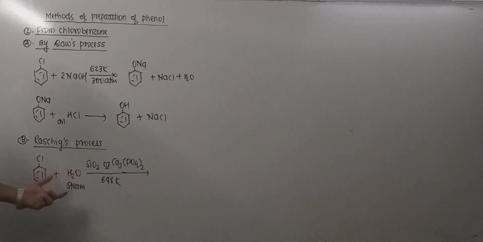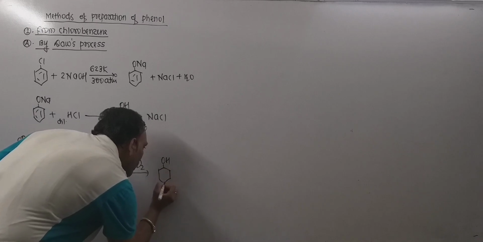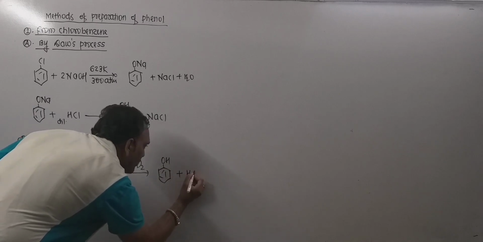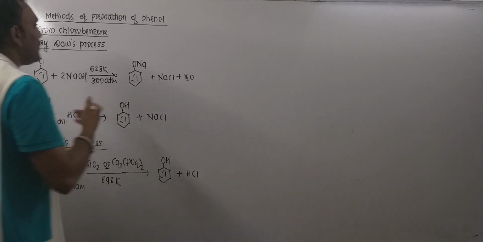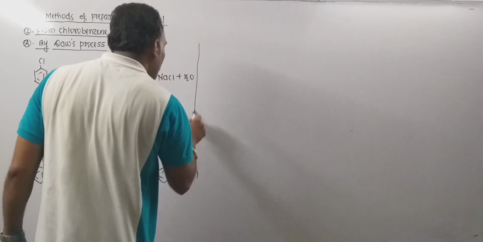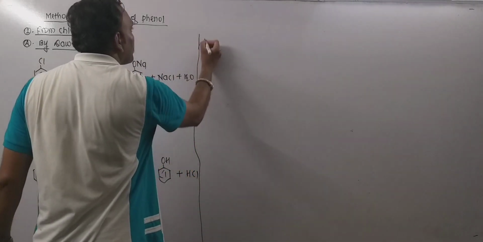By doing this, chlorobenzene is converted into phenol with the departure of HCl. In this way chlorobenzene can be converted to phenol either by the DOW process or by Raschig's process. So this is the very first method of preparation.